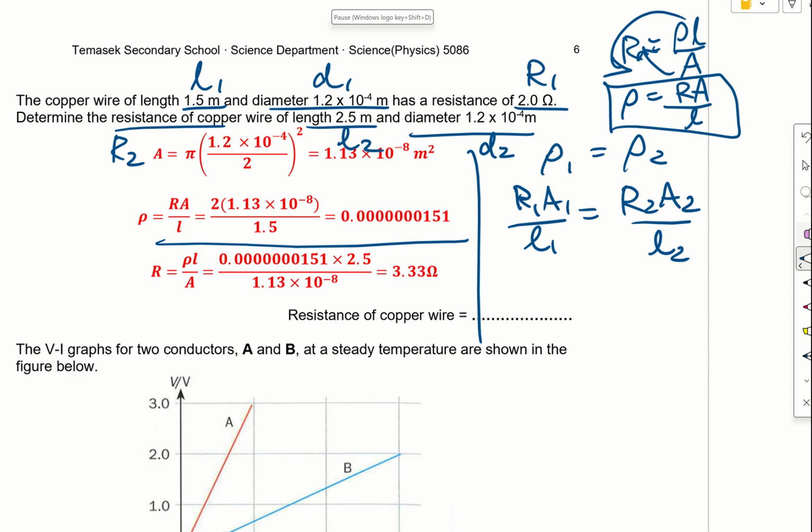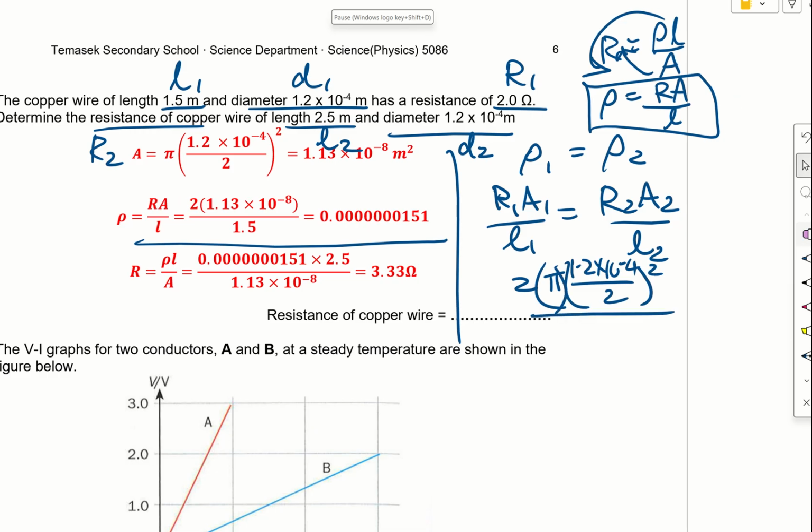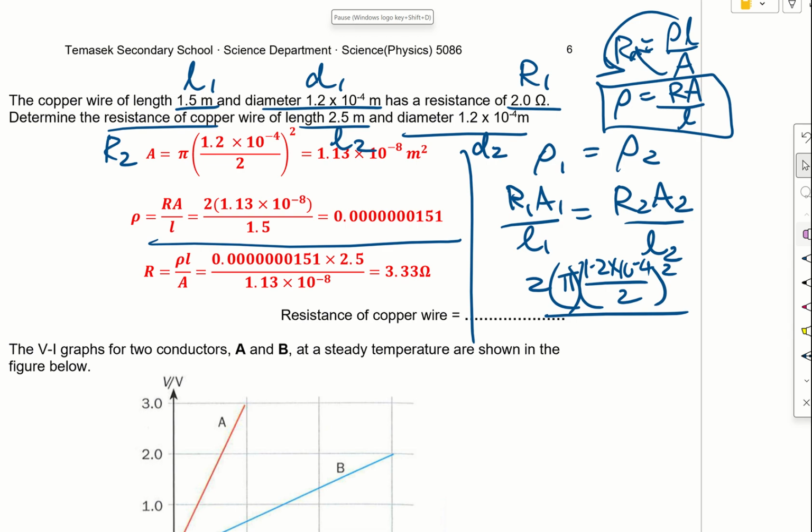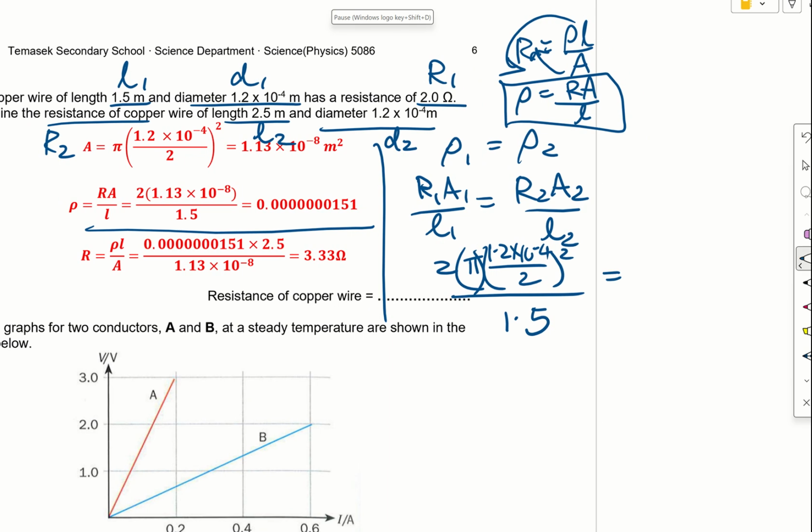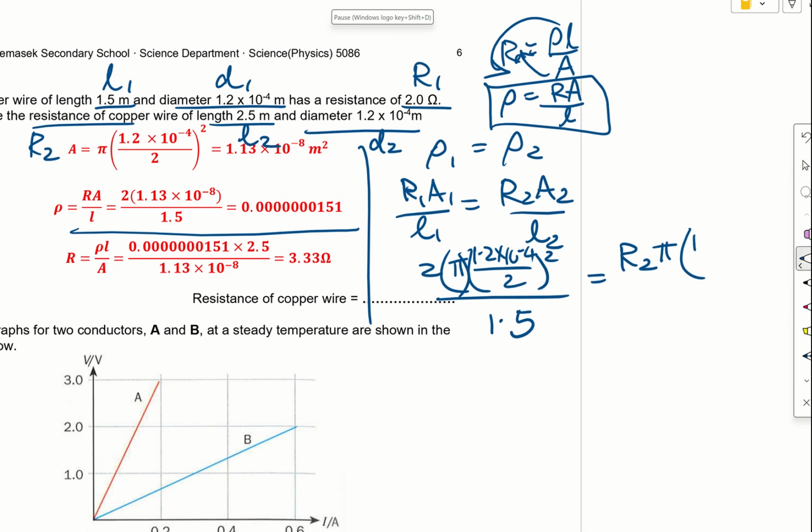So R1 is actually 2, A1 is actually pi times (1.2 times 10 to the power minus 4, divided by 2) squared, over the length. Length is 1.5. On the other hand, the R2 is unknown. I'm asked to find it. Pi, the diameter is 1.2 times 10 to the power minus 4. So we find that actually the diameter is the same. So why not I just cancel them?